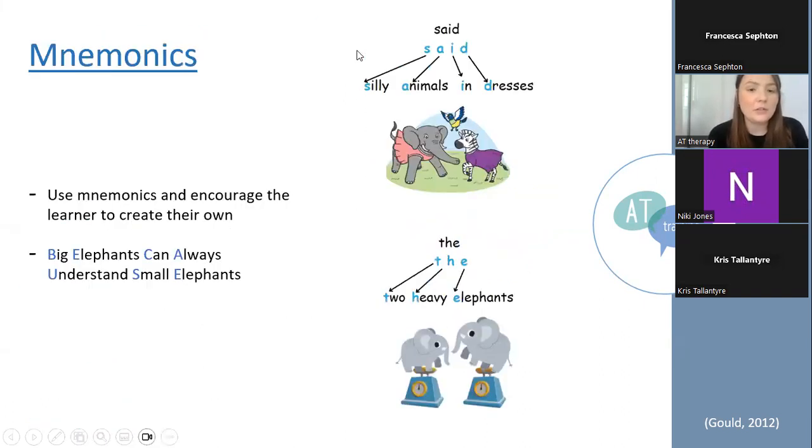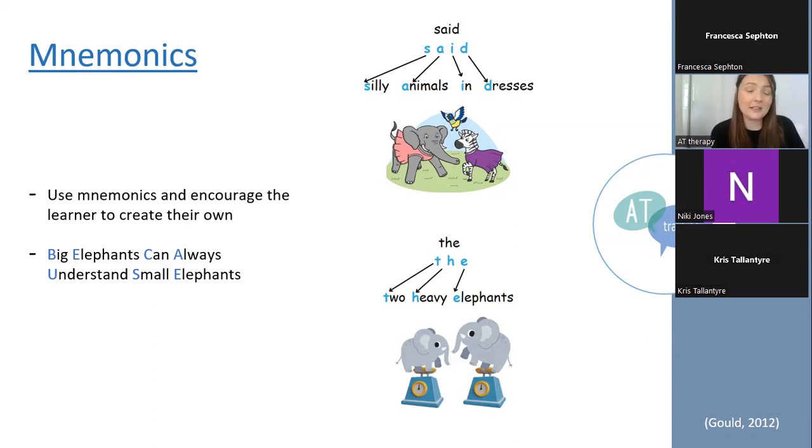Mnemonics is one of my favourite things because we have the bog standard ones like big elephants can always understand small elephants and silly animals in dresses, but you can get the learner involved and they can create their own meaningful mnemonics, something that means something to them. It could be from a TV show, or from YouTube or a song. Whatever works to help them understand that spelling is great.